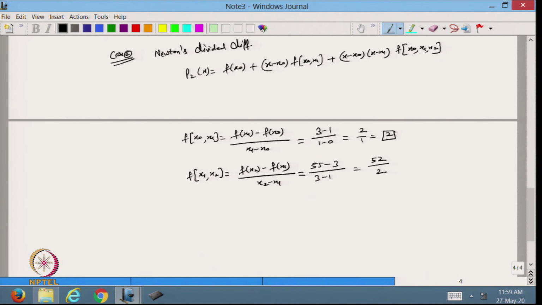So, 52 by 2, so it is 26. That is the value.